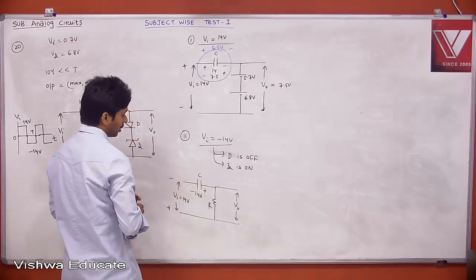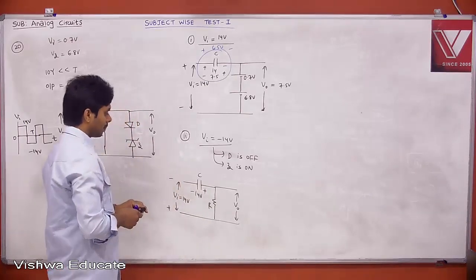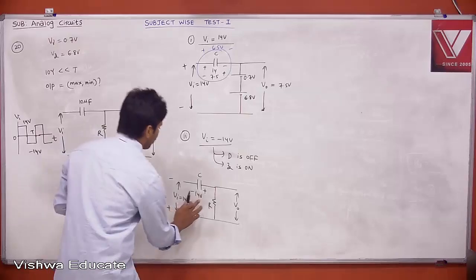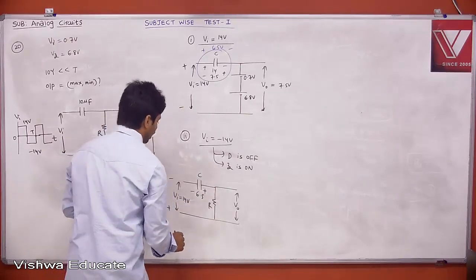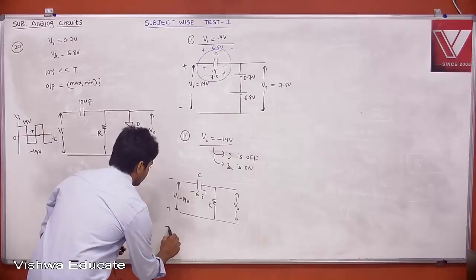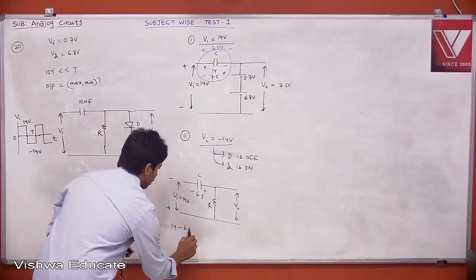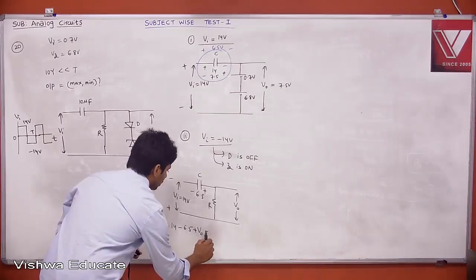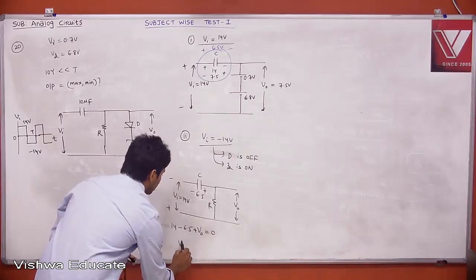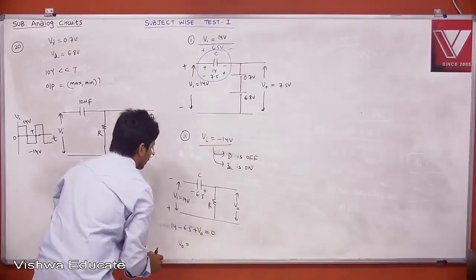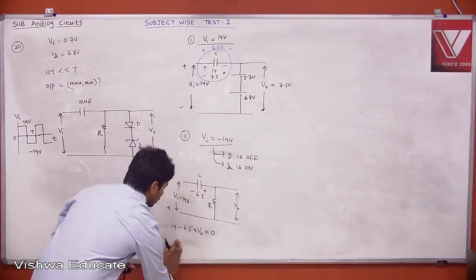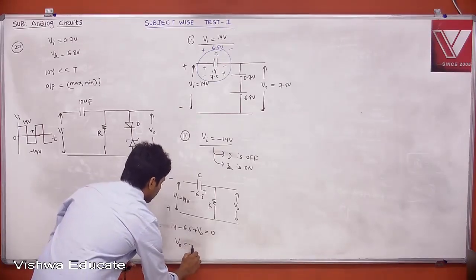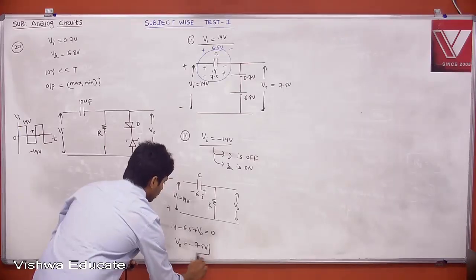It will be opposite, right? Sorry, it is not 14, it is 6.5. Then if you apply KVL, plus 14 minus 6.5 plus V0 is equal to 0. Then your V0 will be equal to minus 7.5.